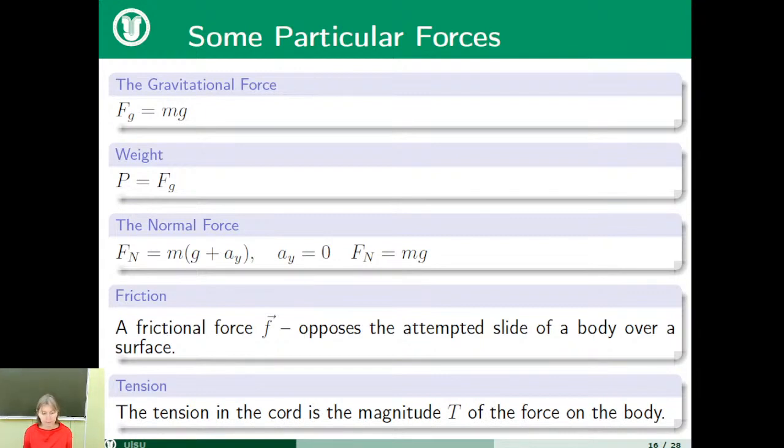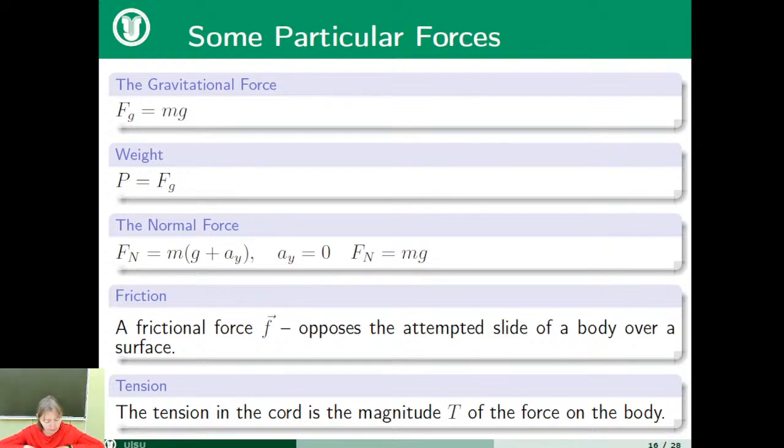And friction. If we attempt to slide a body over a surface, the motion is resisted by a bonding between the body and the surface.